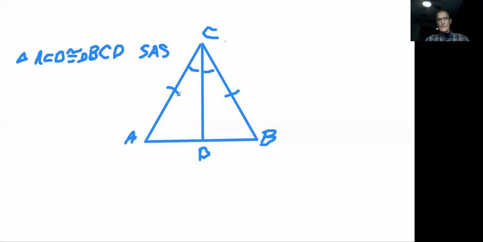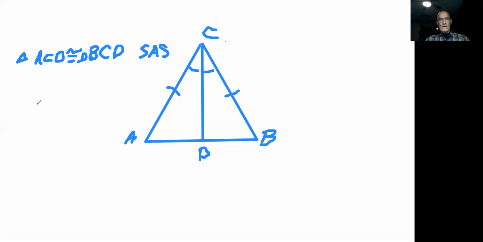We have used 3 of those 6 pieces of information, 2 pairs of sides and 1 pair of angles, to prove the triangles congruent. So what we're left with are 2 more angles, angle A and angle B, angle ADC and BDC, and then sides AD and BD.